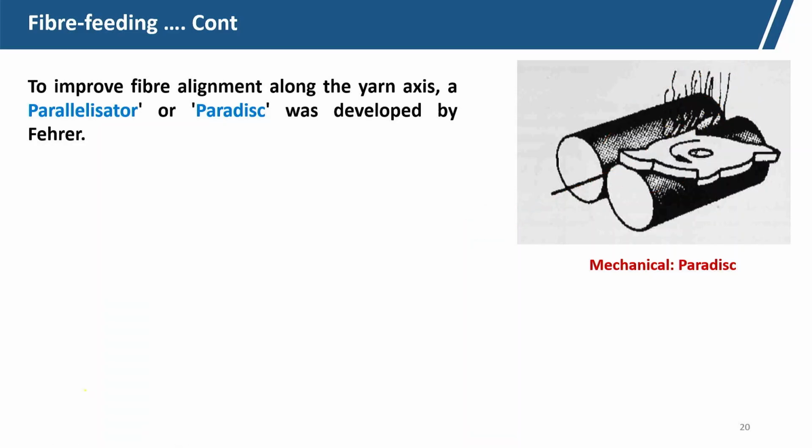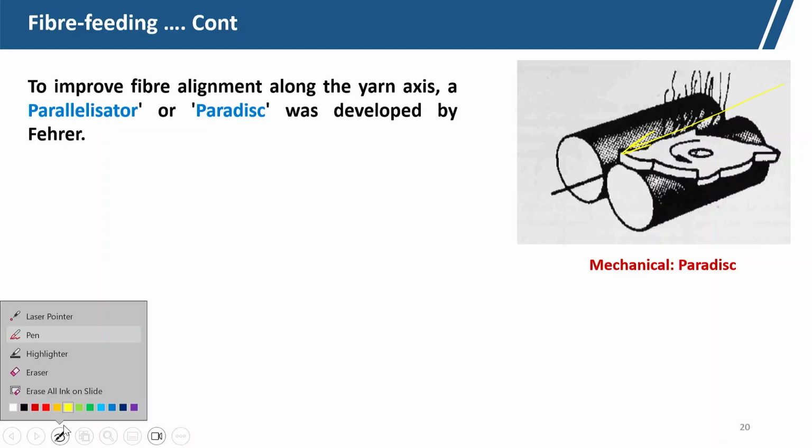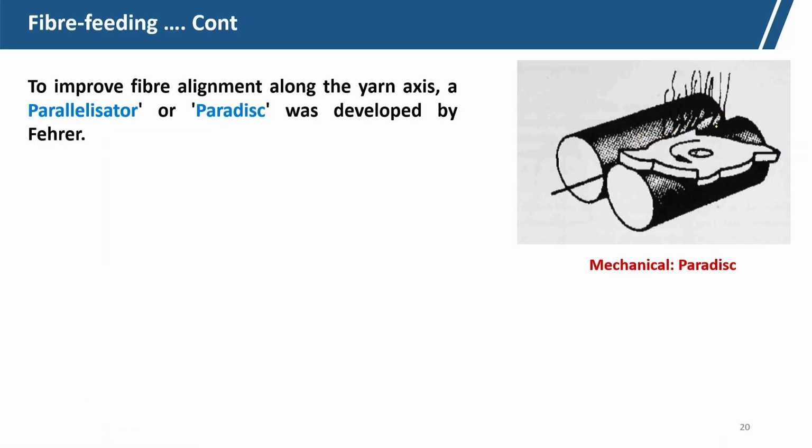The paradisc, mechanically, tries to align the fiber in the direction of the yarn delivery direction. How are they doing this? This type of paradisc is there. When they rotate, the fibers come into the action of this projection, and at that time they align the fiber in this direction before it is twisted.